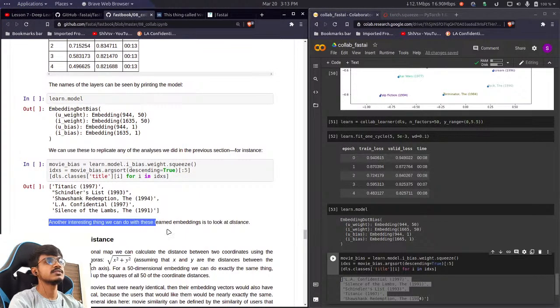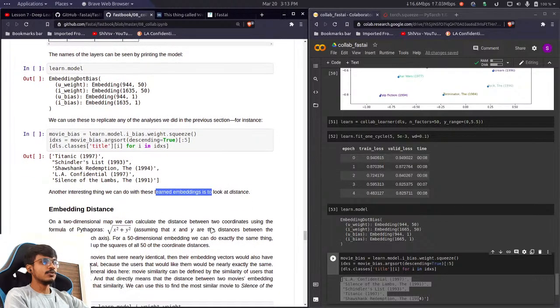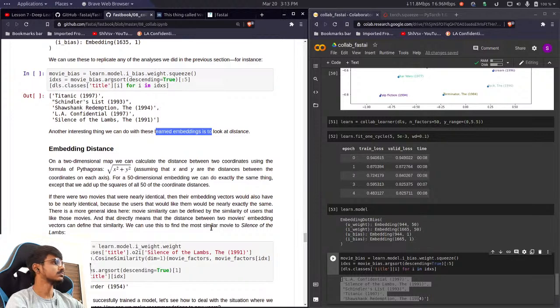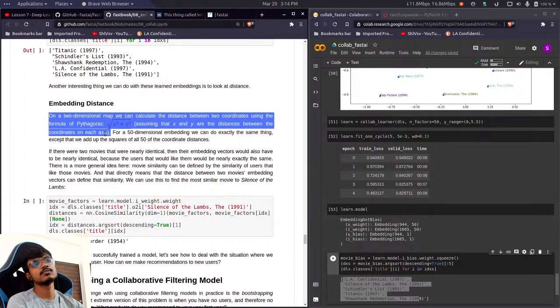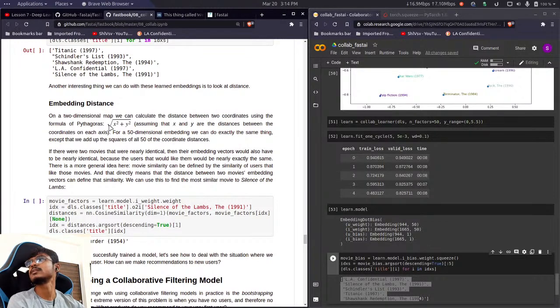Cool. An interesting thing we can do with these learned embeddings is to take a look at distance. Okay, what does it mean? The distance between two movies, I guess. On a two-dimensional map, we can calculate the distance between two coordinates using the formula of Pythagoras: square root of x squared plus y squared. This is also called the Manhattan distance, I guess. Manhattan distance, does it contain the square root?